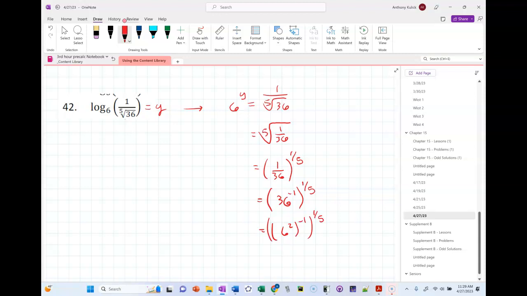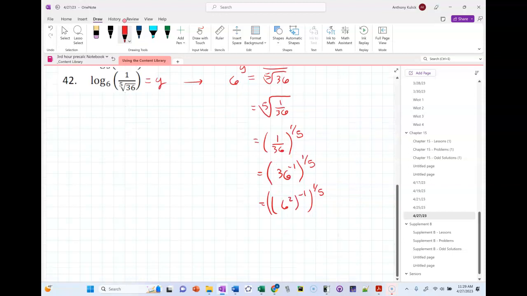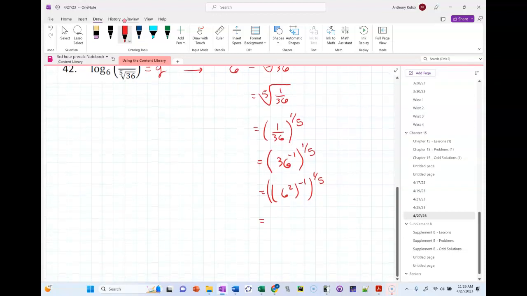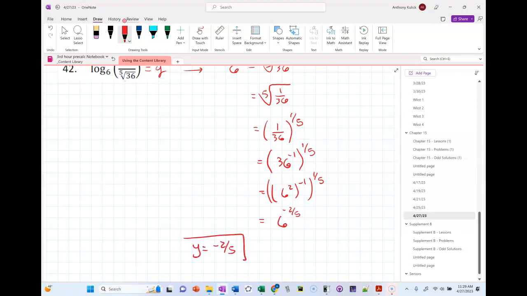So I have 3 exponents, but I know that the exponent of an exponent I just multiply. So 2 times negative 1 times 1/5 is negative 2/5. So that's going to tell me y is negative 2/5. Sweet.